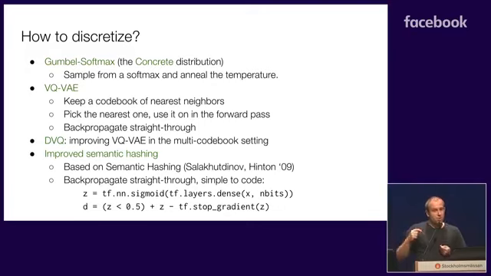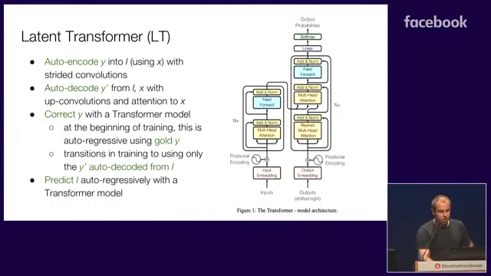But on the backward pass, again, you use the straight-through estimator. This is an extremely simple idea, and it actually seems to work surprisingly well. I'll show you later how these methods compare on performance.